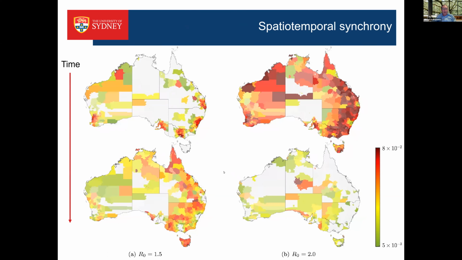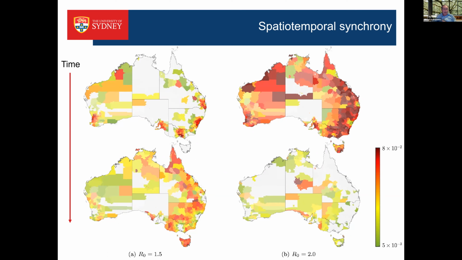And at the end of the day, you could see that the long tail here still keeps the infection going, while a shorter tail with higher R0 burns it quicker. So by looking at these different areas, you could actually compute how synchronous or asynchronous it is at any given time.